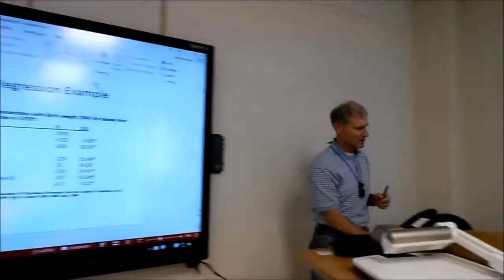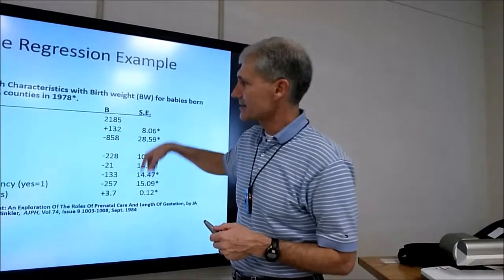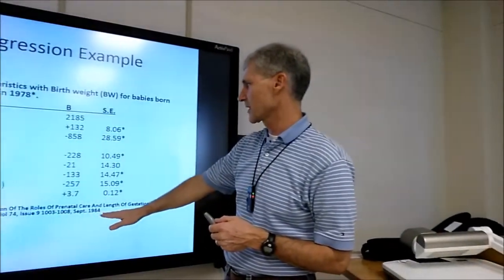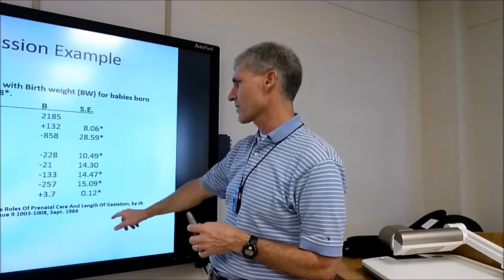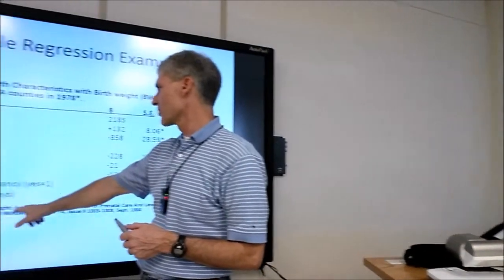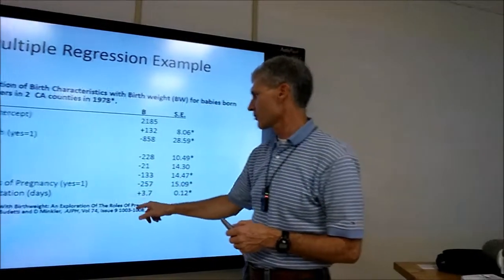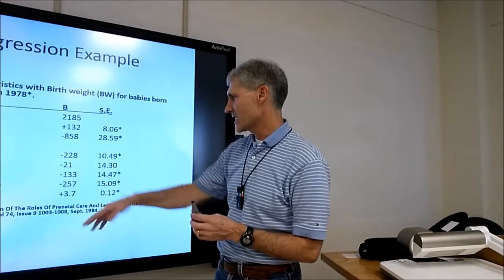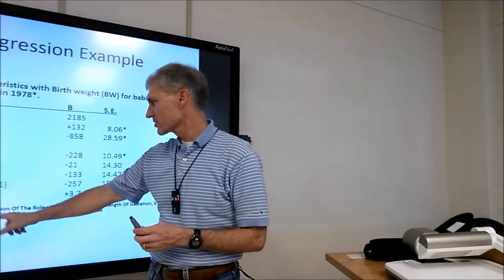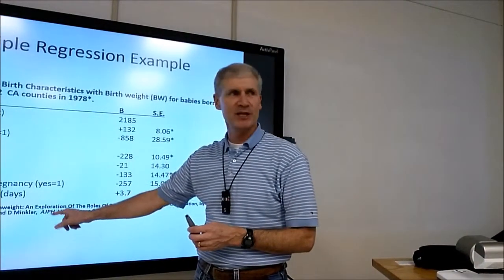Let me put this into slideshow mode. This is an example where I copied this table out of an actual publication, published back in 1984: Factors associated with birth weight and exploration of the roles of prenatal care and length of gestation, in the American Journal of Public Health, AJPH.